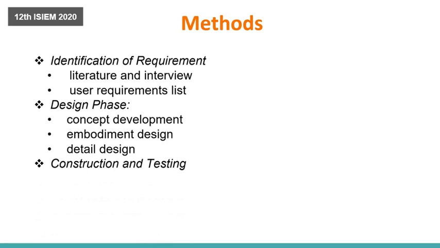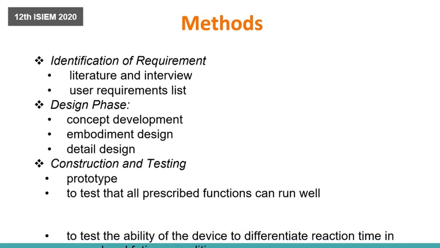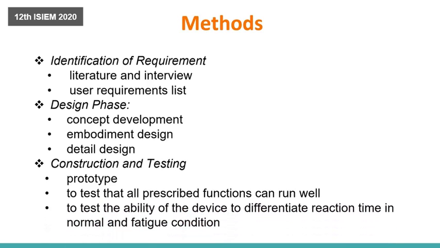And the last step is the construction and testing. Here we construct the prototype and then test the device, whether it can run well for all prescribed functions, and then test the ability of the device to differentiate reaction time in normal and fatigue condition.